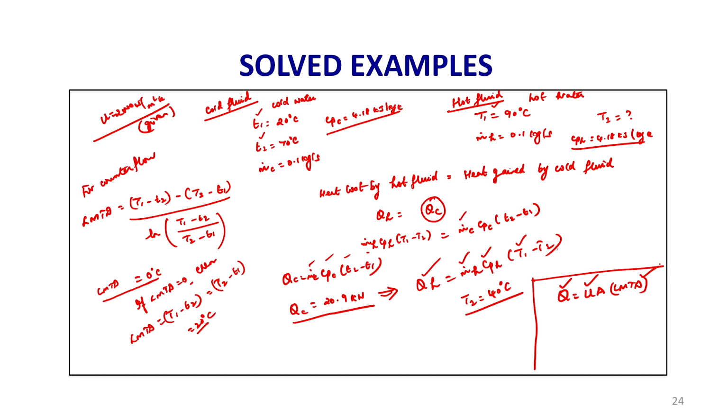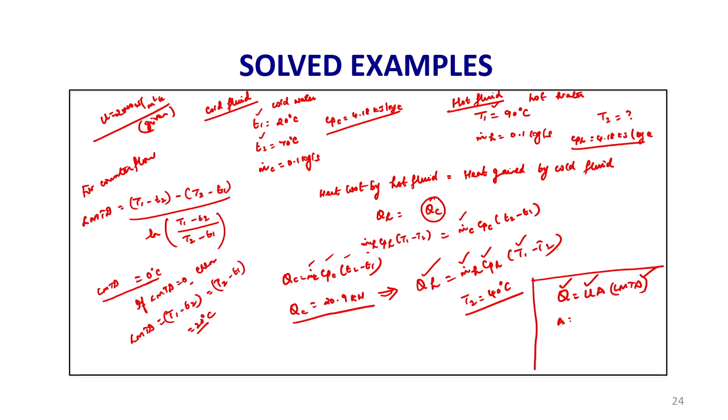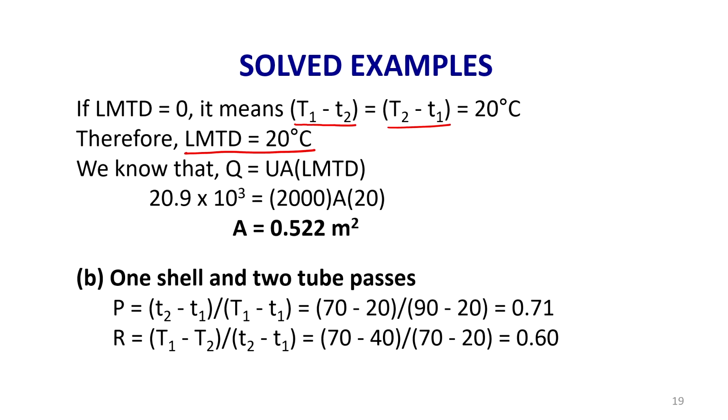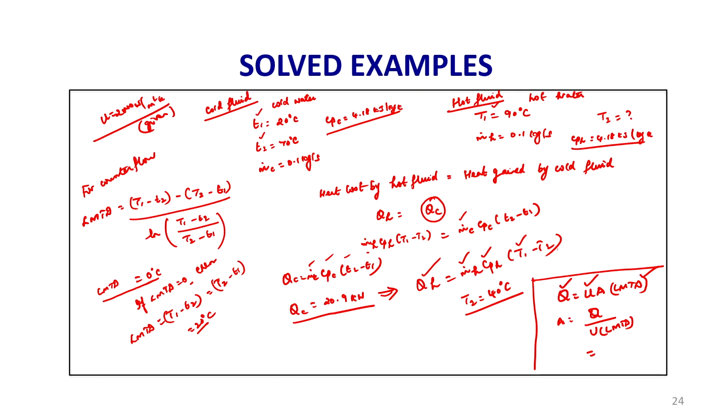LMTD is 20 degree. So, area is equal to Q by U into LMTD. If you calculate, this comes to 0.522 meter square. So, this is the heat transfer surface area to achieve this process.